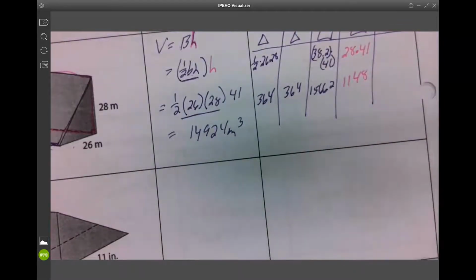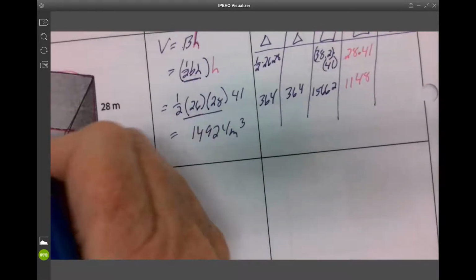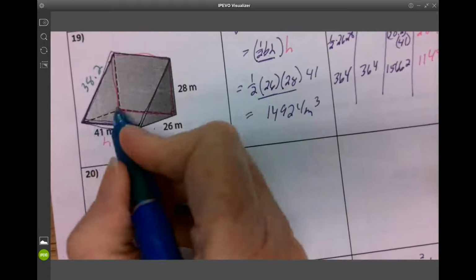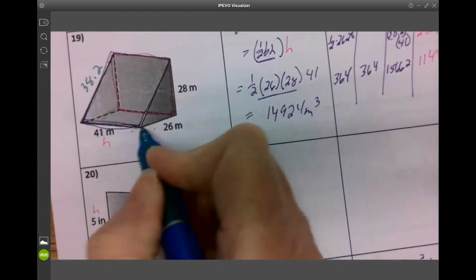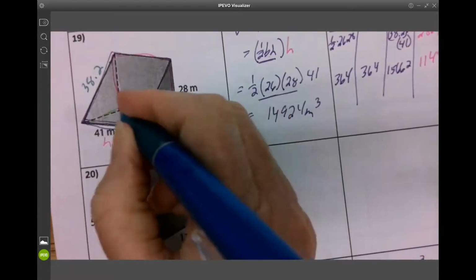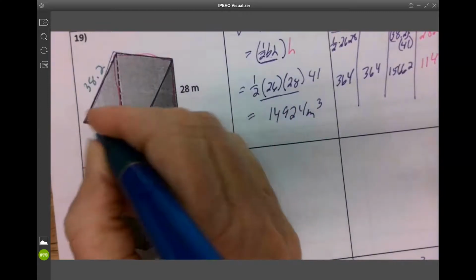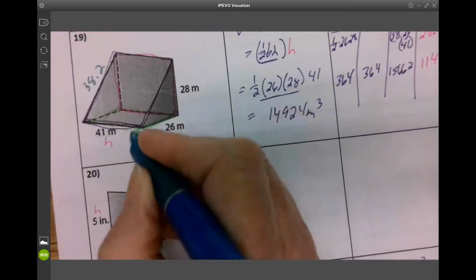And it's in meters. Now I'm going to do that last one, and the last rectangle I have is the bottom one. So I'm going to do this one right down here. Okay, my pen's dying. So I go by 41, I go by 26 right there. See, 41 by 26.